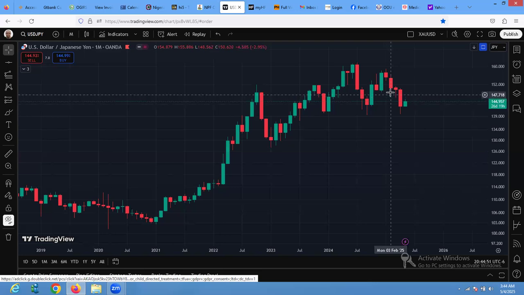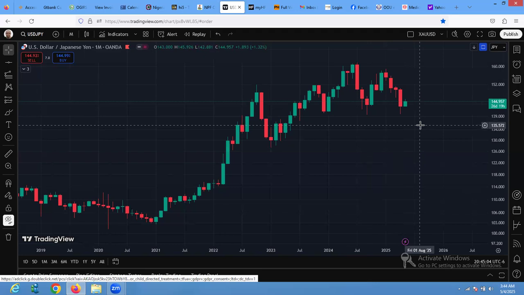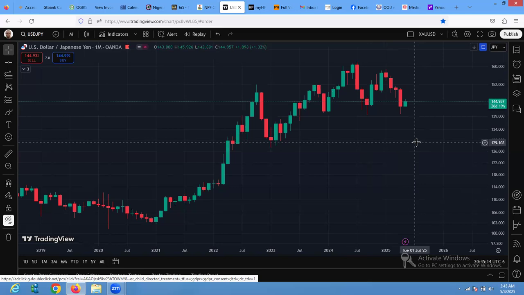So 150, 146.700, that's the area I expect this to fall. Probably it will create a B wave and break low at 100 extension of 123 or 127 before we go to the upside. It's only if we violate 1618 to the downside that we should expect a much bigger movement to the downside.